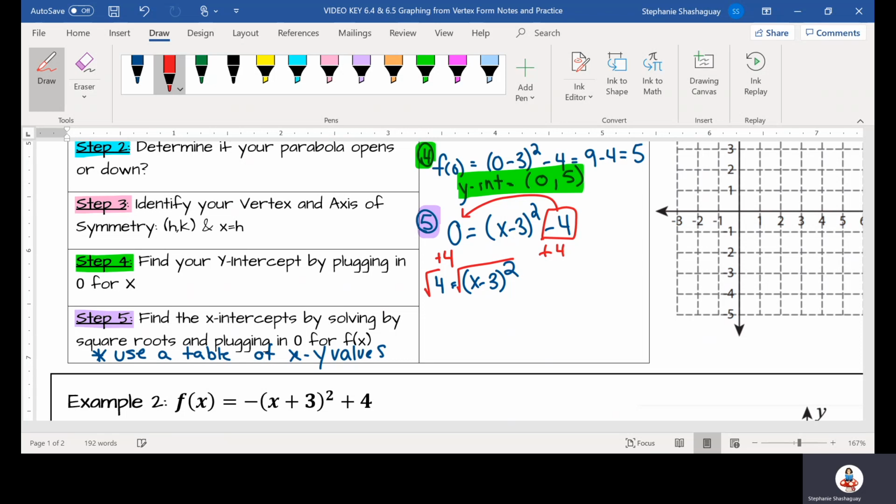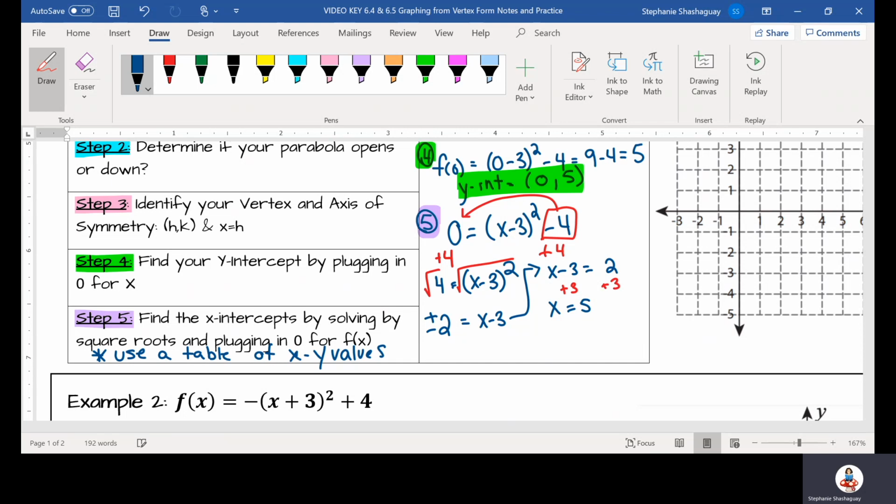Because I have a squared binomial and a whole number on the other side, I can just take the square roots to solve. So the square root of 4 is plus or minus 2, and that is equal to x minus 3. Now I just have to solve x minus 3 is equal to a positive 2. I add 3 to both sides, and I find x is equal to 5.